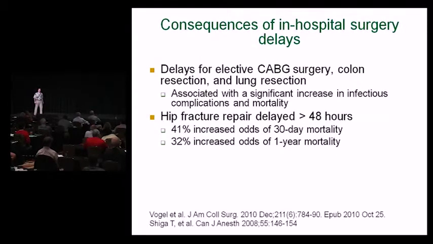So what are some of the consequences of the in-hospital surgery delay? Delays for elective CABG, colon resection, and lung resection are associated with a significant increase in infection complications and mortality. And I don't need to remind you guys of this.